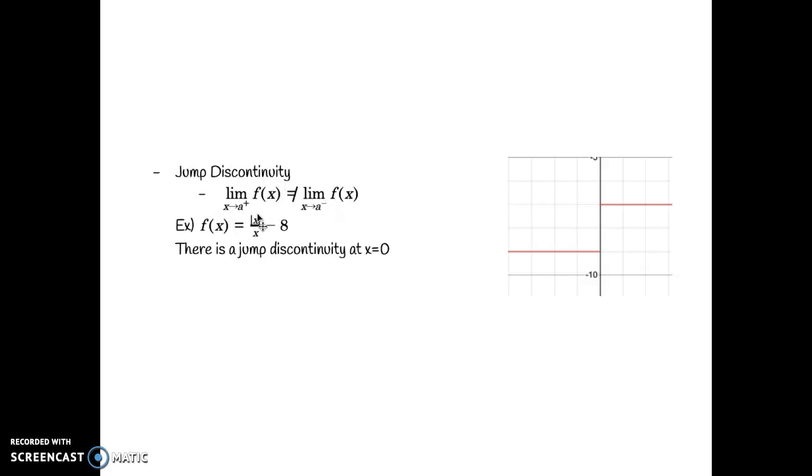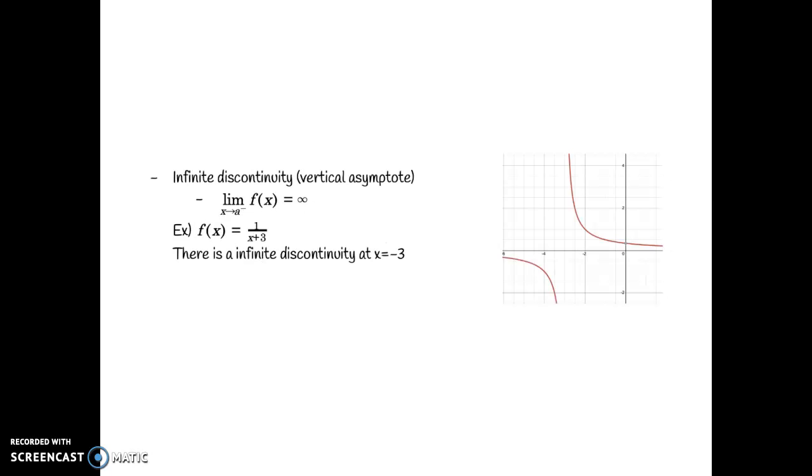It's an absolute value function, and as it approaches 0, there is a jump discontinuity. Literally, the graph jumps to a different location. So that's another type. The last type is infinite discontinuity, or better known as a vertical asymptote.